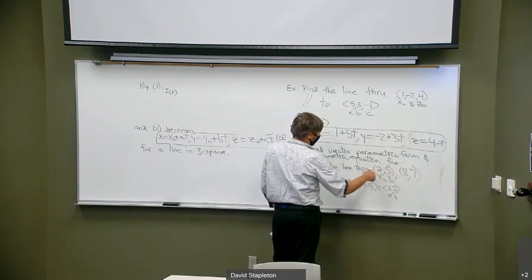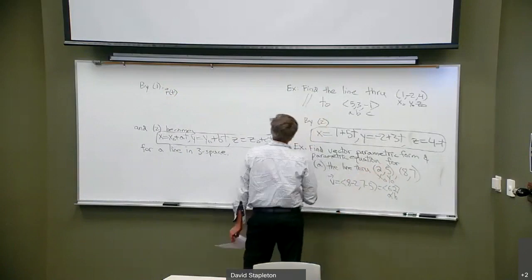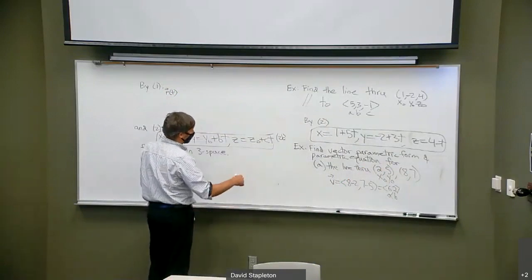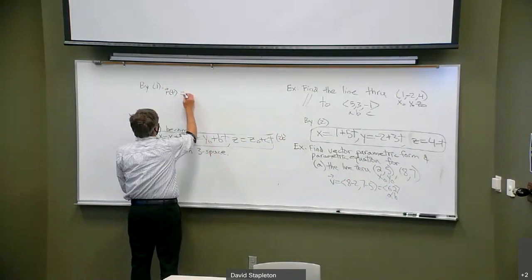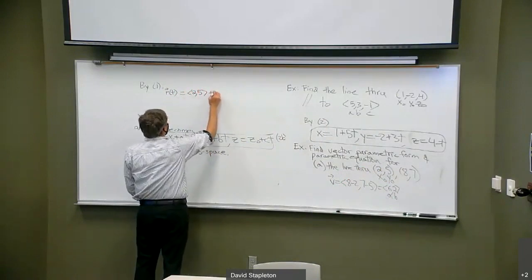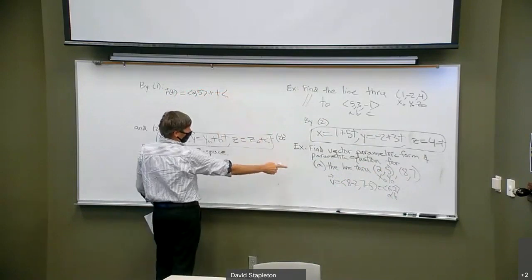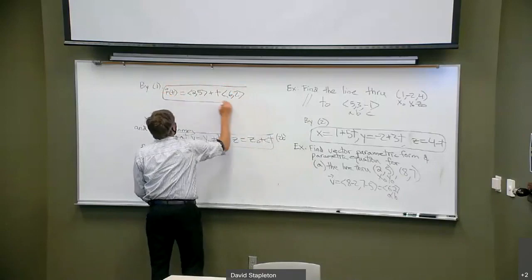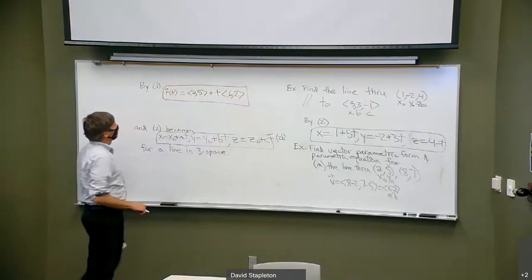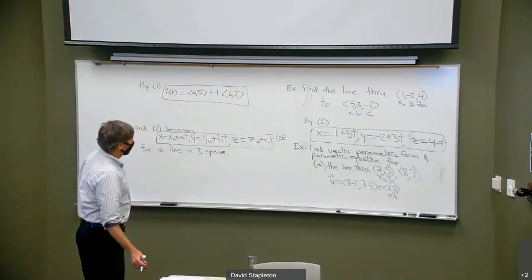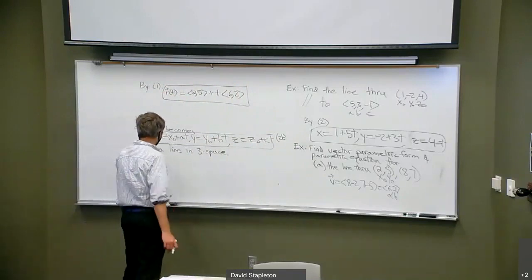Remember, the round brackets are the coordinates for the point. The angle brackets are the components of the vector. And if you put them at the origin, the components will be equal to the coordinates of the point. So r of t equals <2, 5>, the vector to the point, plus t times the vector between the points, <6, 2>. It's as easy as that. There's the vector parametric form for the line that goes through 2, 5, and 8, 7.